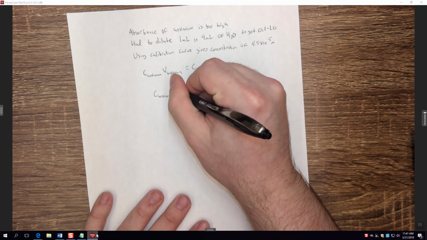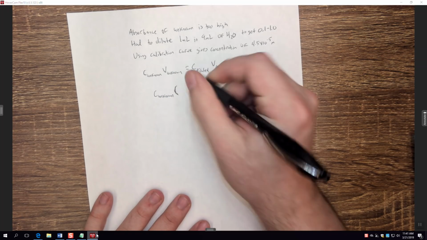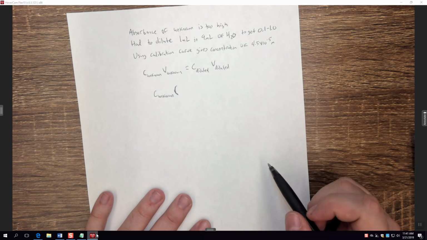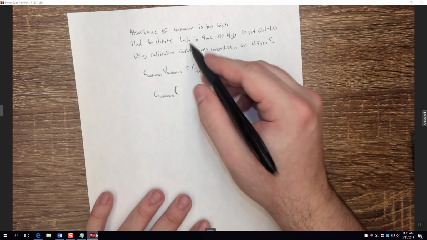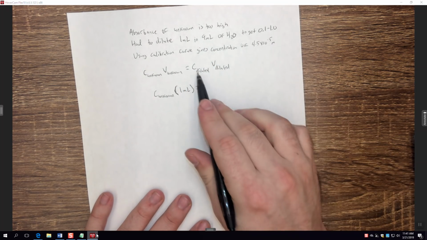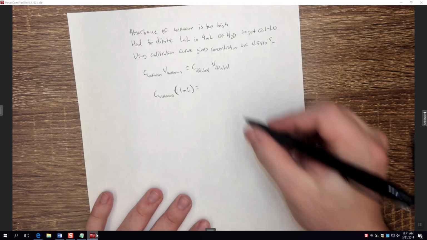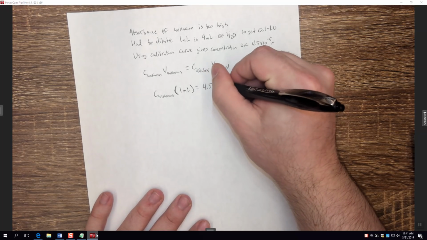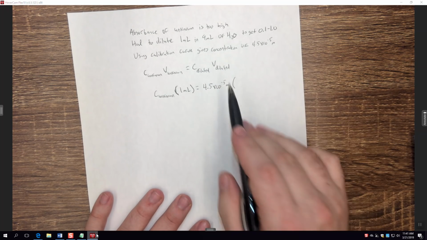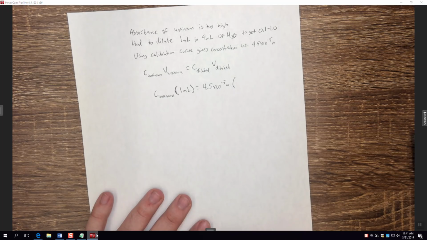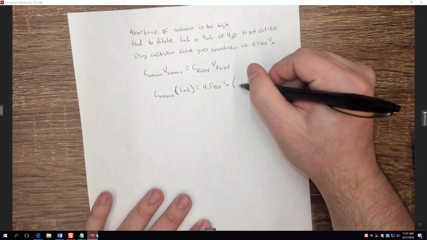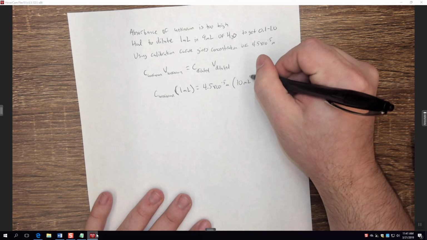The volume of the unknown is going to be how much of the unknown we used to make our sample that ended up on the actual calibration curve. So in this case, it will be 1 milliliter. And that's going to be equal to the concentration of the diluted sample, which, thanks to our calibration curve, we know is 4.5 times 10 to the minus 5 molal. And we're going to multiply that by the volume of our diluted sample, which was 1 milliliter of the concentrated plus 9 milliliters of water, for a total volume of 10 mLs.